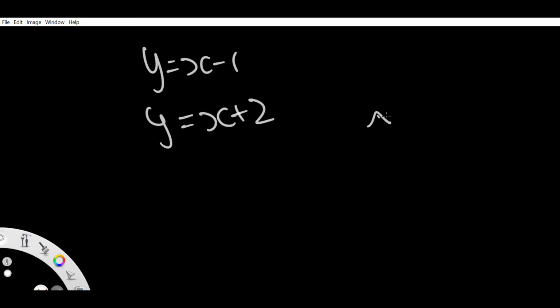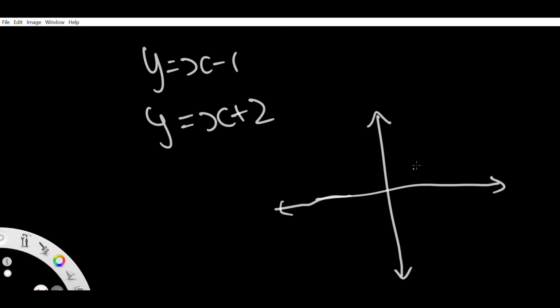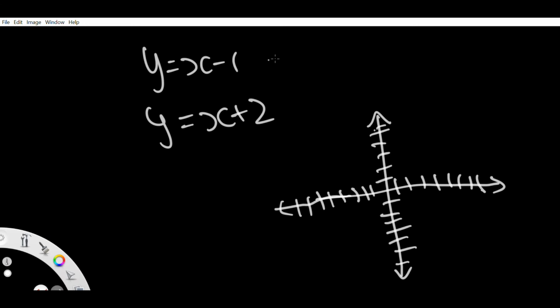So we could graph this one. We have x minus 1. Let's graph this one over here. So y is equal to x minus 1. We can get different coordinates, so let's use the y-intercept and x-intercept.